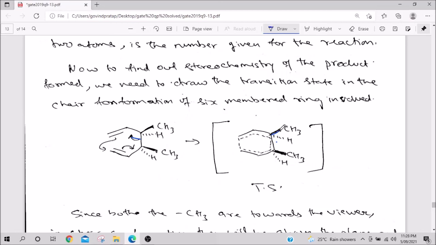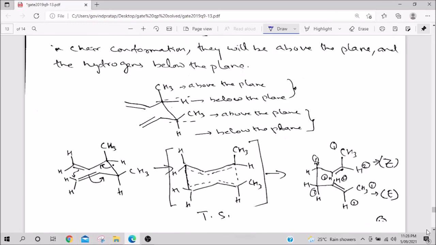Whatever is towards the viewer, in the chair conformation make it above the plane, and what is away from the viewer, make it below the plane, fine. So, that is what I am going to do here. I have made this 6-member transition state. CH3 was towards the viewer, so I have put it above the plane, and the second CH3 is also towards the viewer, so I have put it above the plane.